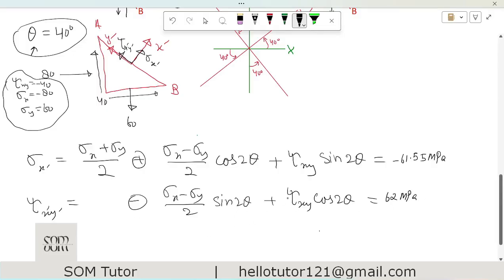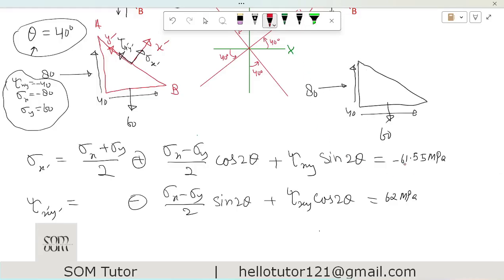So let us draw these. This is our original stress. This is 40, this is 80. Now we got minus 61.55 as the normal stress.